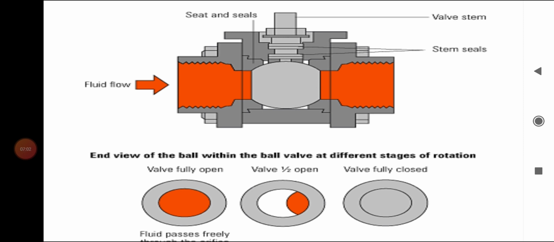The opening of the ball against the fluid flow is shown in the figures, with the valve fully open, half open, and fully closed, causing variation of flow through the valve.